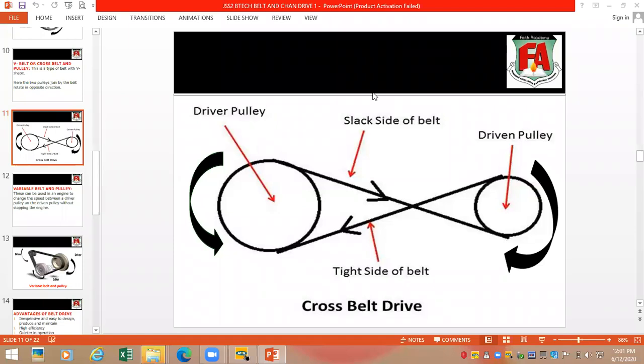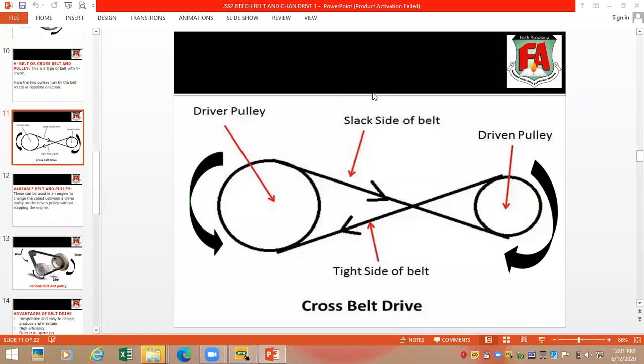Like I said, you can see the belt of a V shape. The belt moves in the same direction, but the pulleys move in opposite directions. You can see the arrows of the driver pulley and the driven pulley. Both are moving in opposite directions.